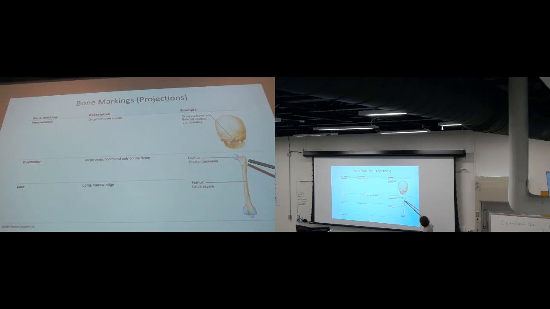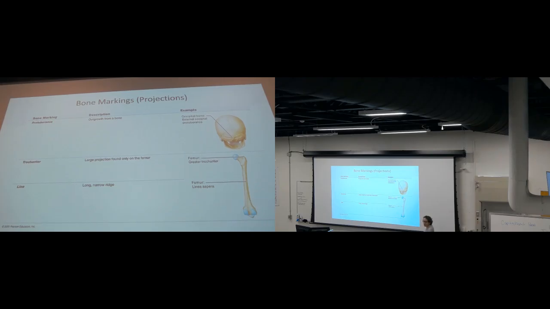And now, we also have lines, which are long, narrow ridges, like this one that runs between the intertrochanteric crest and the medial epicondyle of the femur. This part is the medial epicondyle of the femur. Now, this line that runs between the middle part of the intertrochanteric crest and the medial epicondyle is called linea aspera.